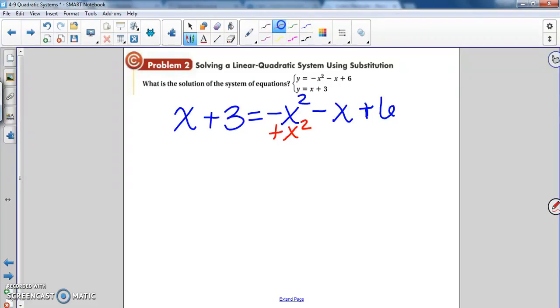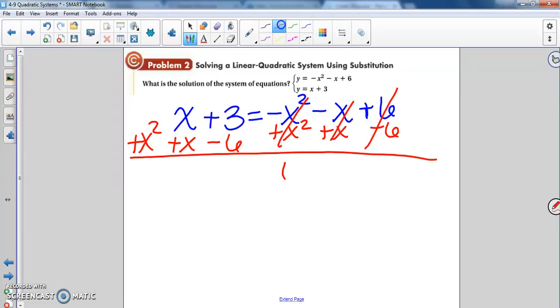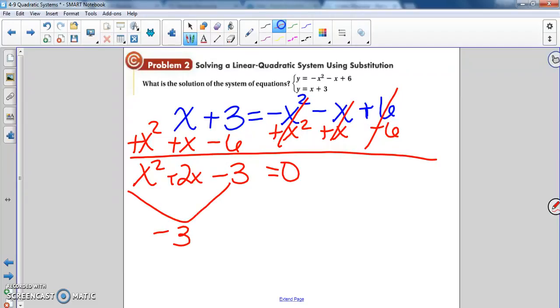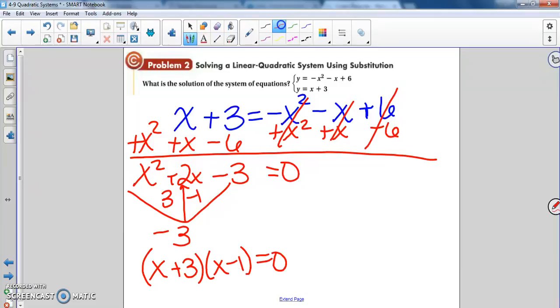So I'm going to add x squared, add x, and subtract 6. So I'm left with x squared plus 2x minus 3 equals 0. I need to know what multiplies to negative 3 and adds to 2. I'm going to say 3 and negative 1. Therefore, I have x plus 3 times x minus 1 is equal to 0.